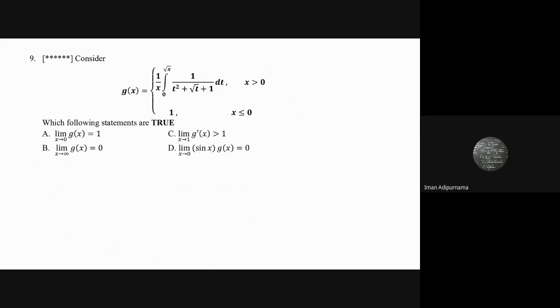And for this one, you need to be careful. Okay, careful. You need to remember all the basics on limits. Let me give you a few minutes to check this.